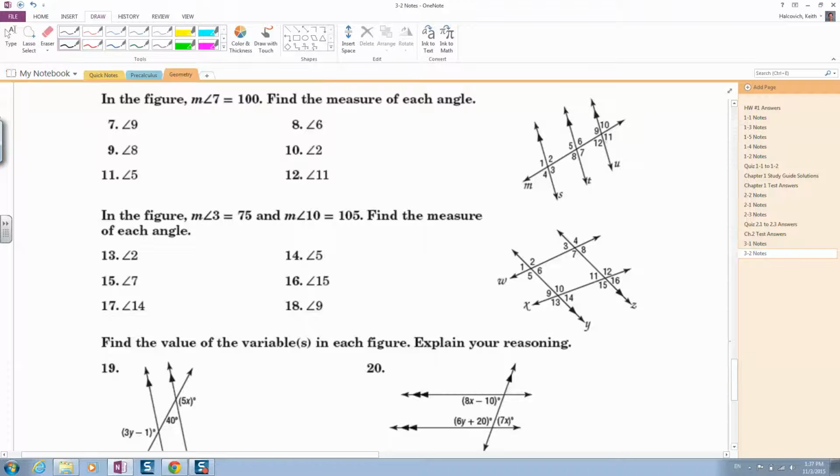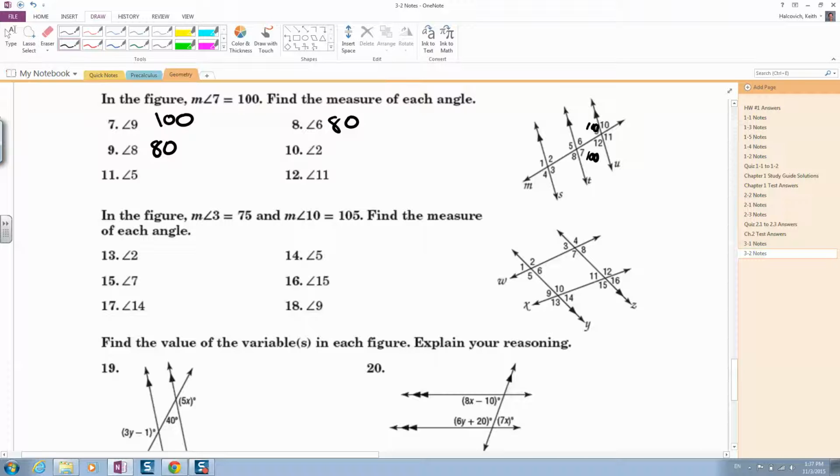Here the measure of angle 7 is 100. So the measure of angle 9 is 100 because it's alternate interior. Angle 6 is 80 because it's supplementary. Angle 8 is also 80 because it's vertical to 6.